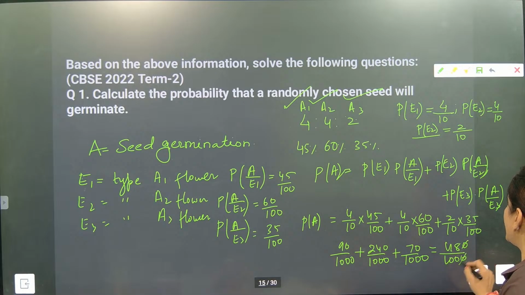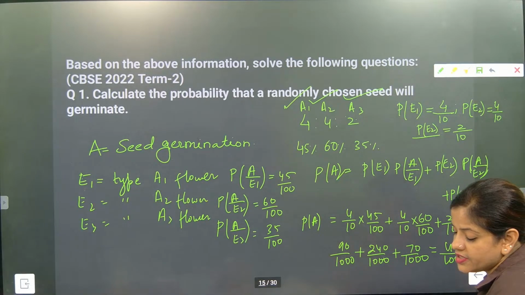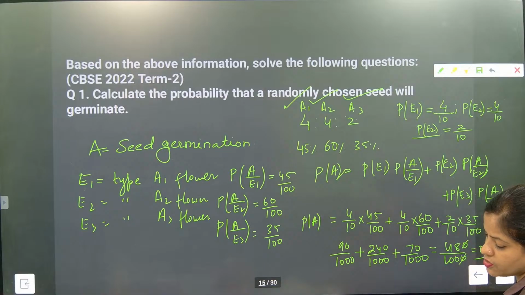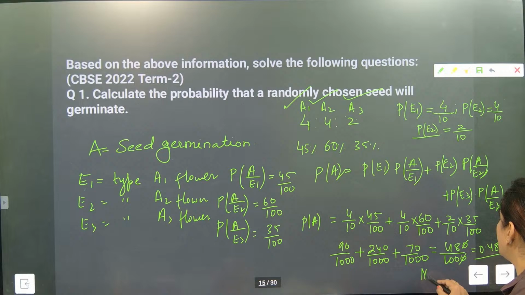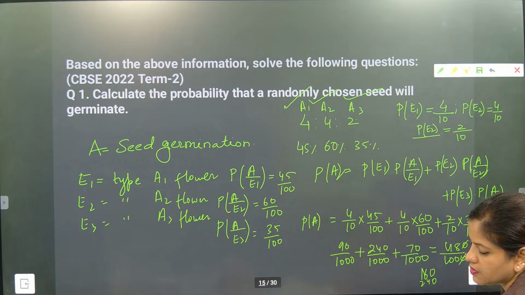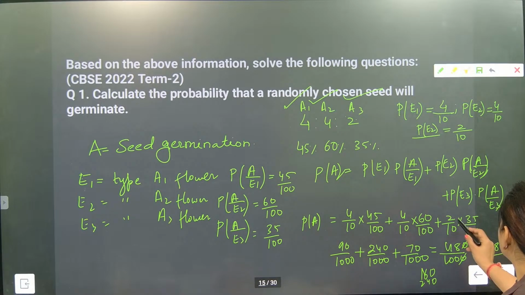So the chance of seed germination is 0.4. Check it, calculate, and say how much this answer is coming.